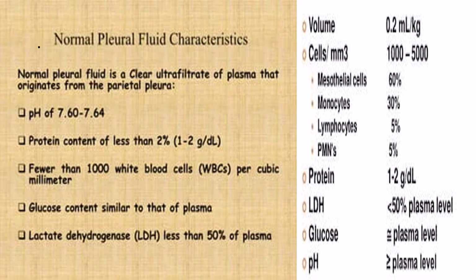Cell count with neutrophil predominance may suggest an acute process like pneumonia, whereas cell count with lymphocyte predominance is mostly due to tuberculosis and malignancy. In addition, microbiology such as gram stain and culture is used to identify the etiology, and cytology is used to identify malignant or cancer cells.